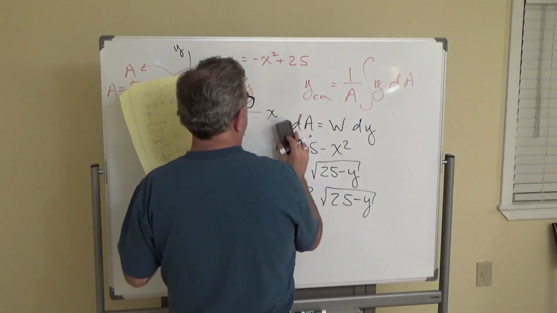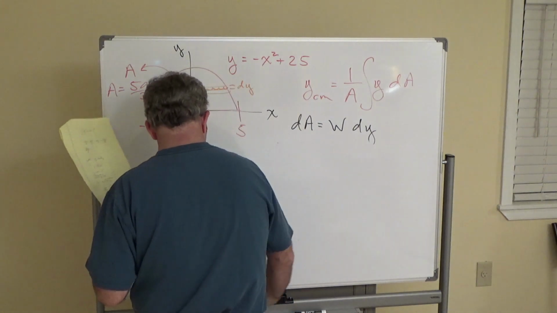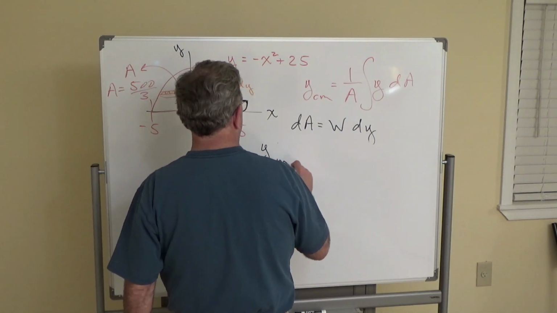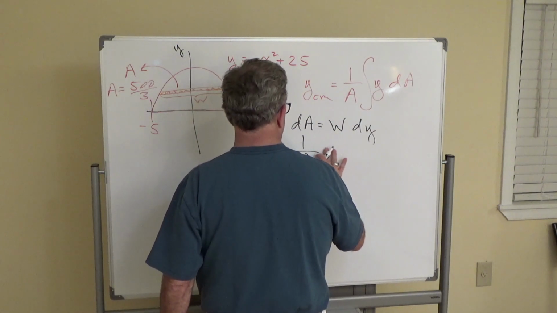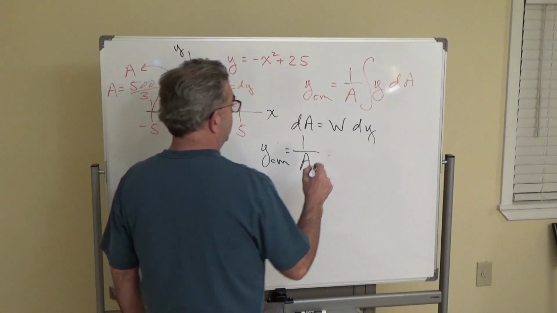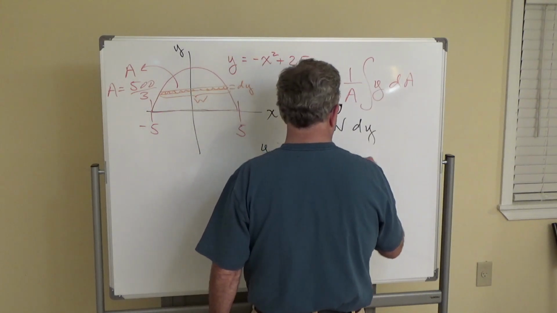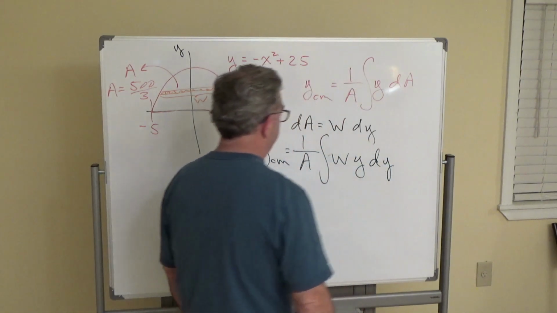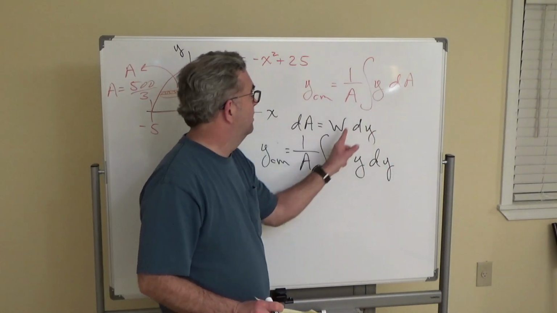So where shall I write that? All right, I'm going to leave that up. So I need y center of mass is equal to 1 over a, we already calculated a, times the integral of w y dy. Because dA is w dy.